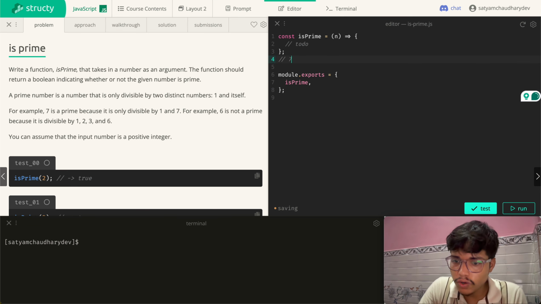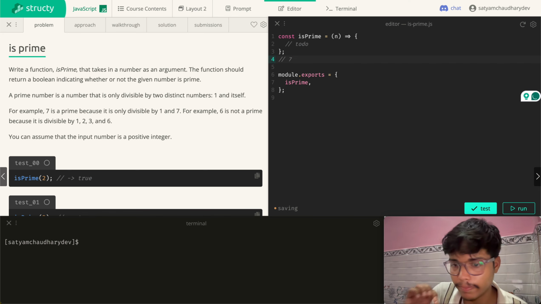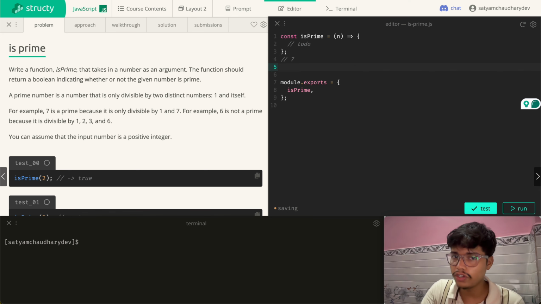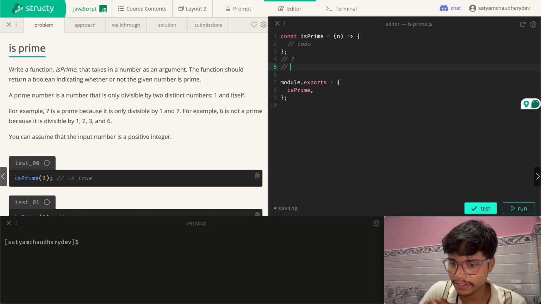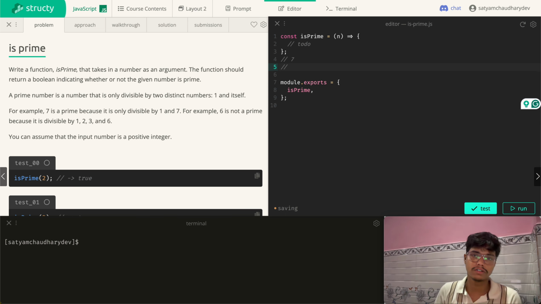Suppose we need to check if 7 is a prime number or not. We only need to check numbers less than 7. The number can't be greater than 7, because it will never be divisible by 7.